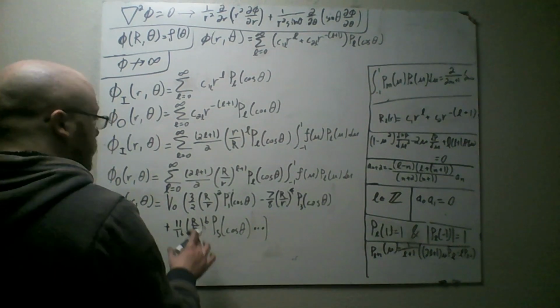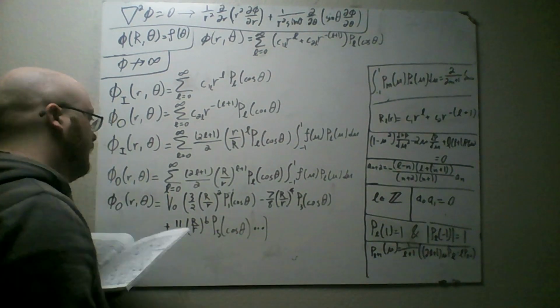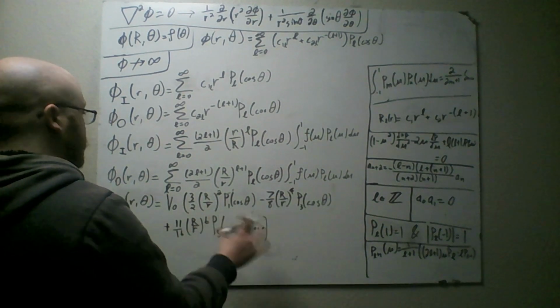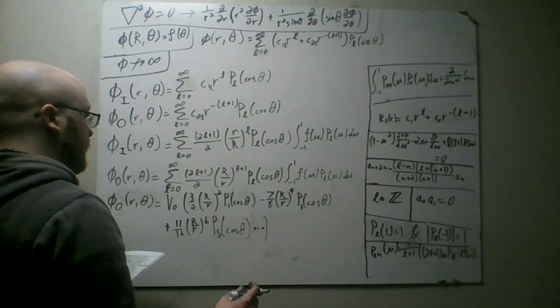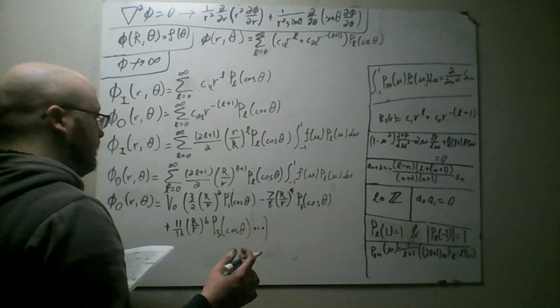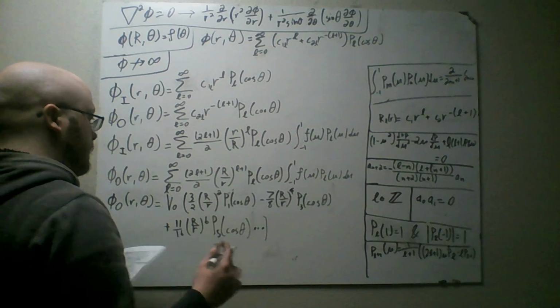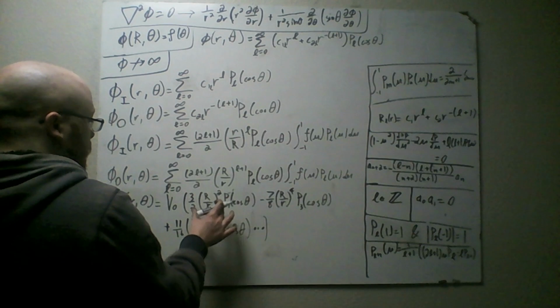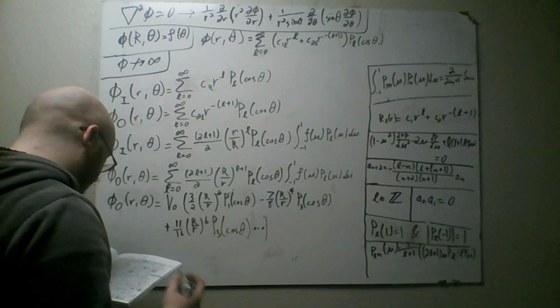So yeah, when r is really big, this clearly goes to 0 for outside the sphere. But at a first order approximation, if you just look at the first term, then you get something that isn't really a dipole.